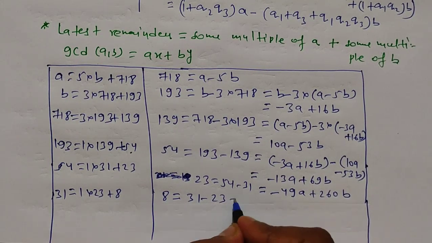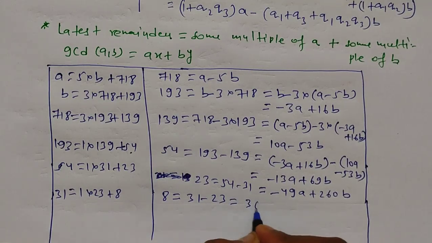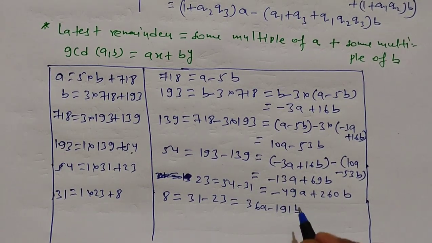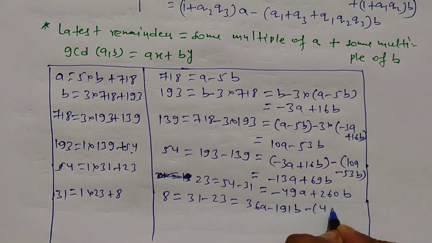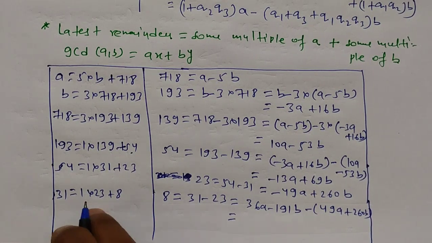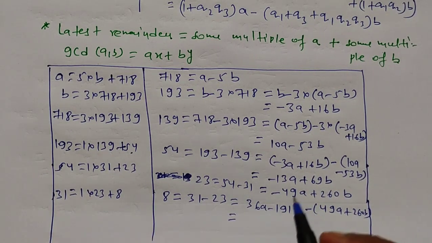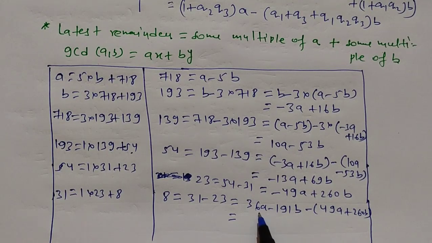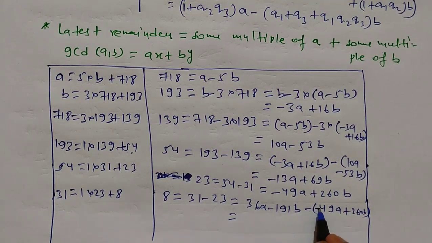and this is for 36A minus 191B minus 49A plus 260B, and this is finally equal to, for 31, 36a minus of minus 49.